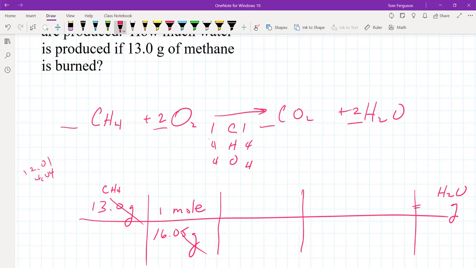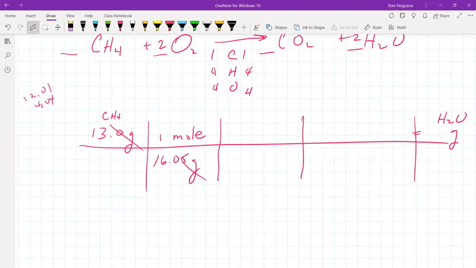That's the middle step here. We want to go from given to calculated, and the CH4 has got to cancel.